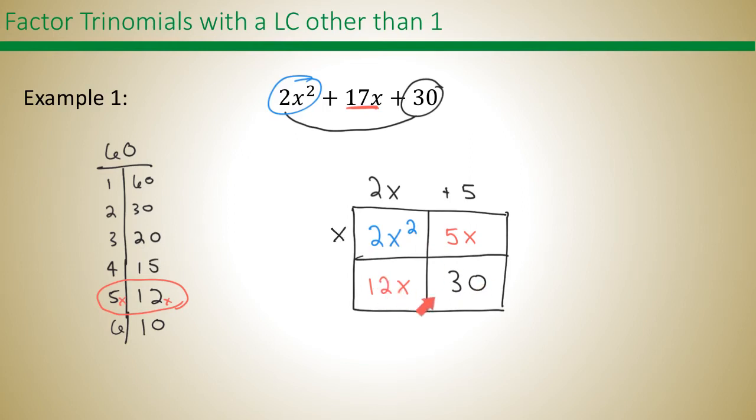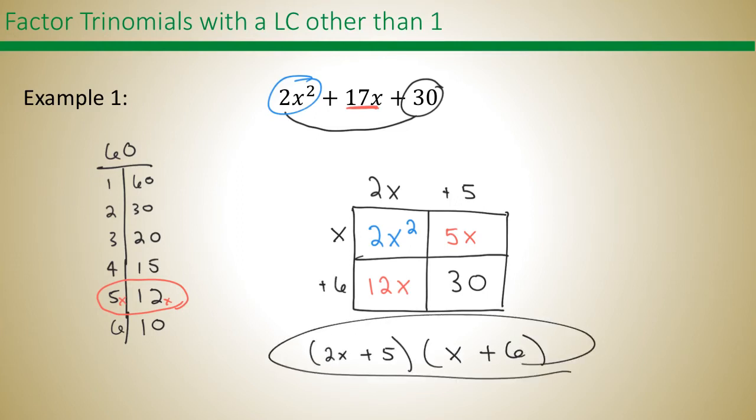And then these two boxes can both be divided by 6, so we're going to put plus 6. So the factors of this trinomial are 2x plus 5 and x plus 6. Those are the factors.